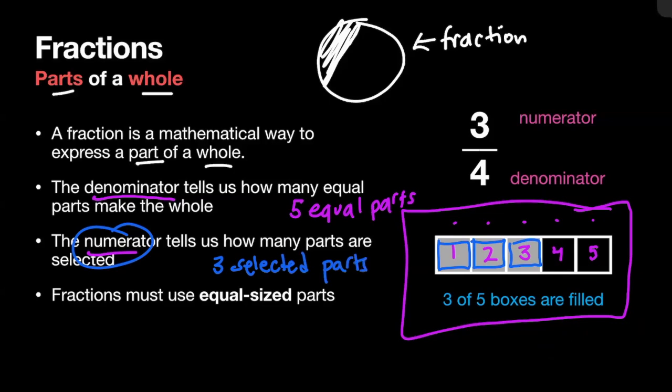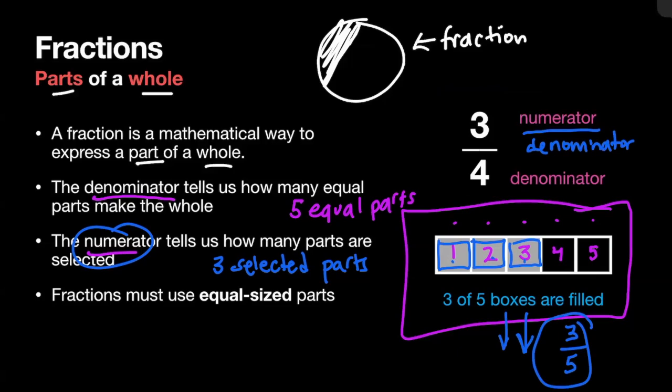So we can represent this situation with the numerator on top and the denominator on the bottom, as you can see here. So we have the numerator, and then under we'll have a line, and then we'll have the denominator. So this box here is represented as 3 over 5. So we have 3 boxes selected, and we have 5 boxes total.